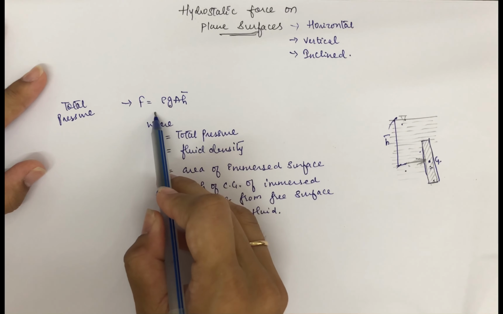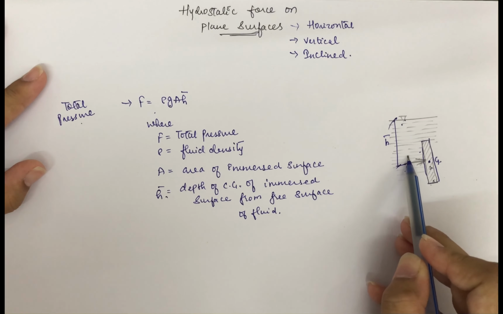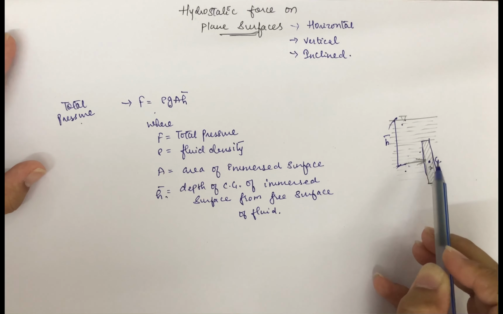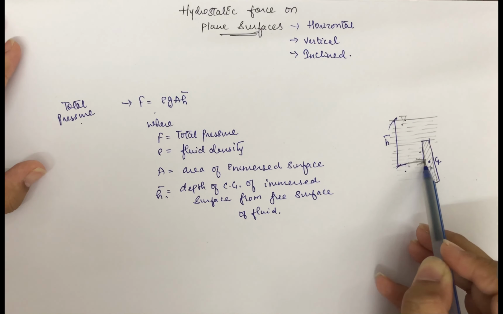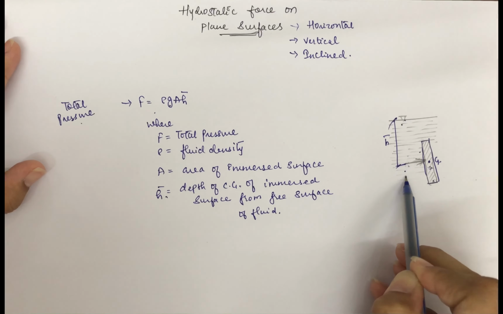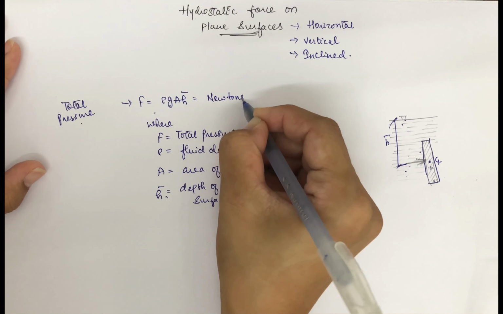So this is the equation which is used to calculate the total pressure exerted by the fluid when it is at rest on the plane surface, and that plane surface will always be normal to the force which is exerted by the fluid, and this force is calculated in newtons.